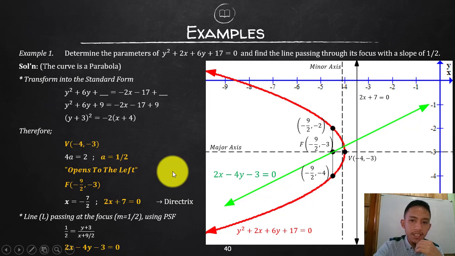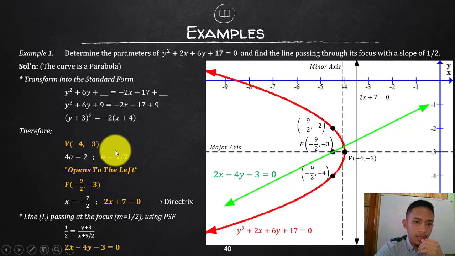Because again, the distance of the vertex to the focus is a, and we are opening horizontally, to the left. So your vertex is on the right, your focus is on the left. So since we are horizontally opening, we will subtract that a from your x coordinate, which is negative 4.